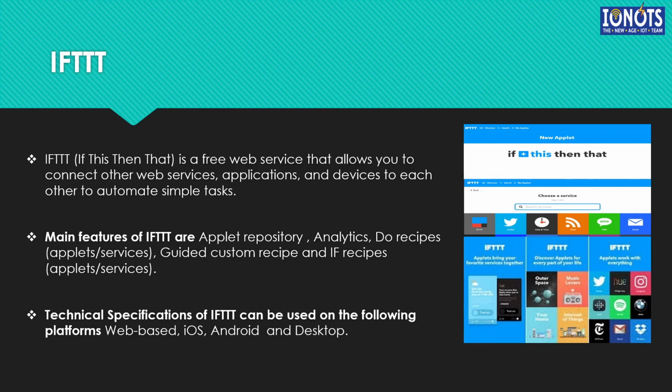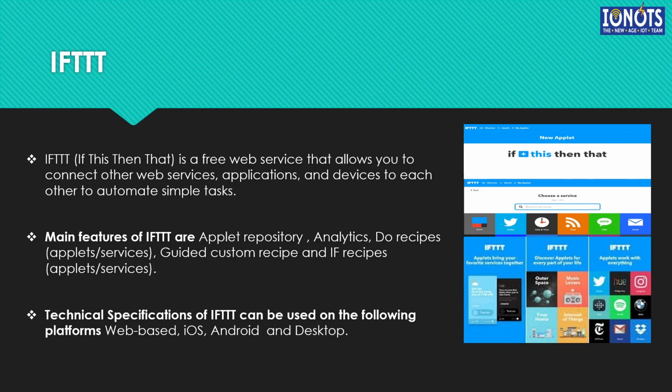Let's say you selected Twitter over there. So on the this side, you have selected date and time. On the that side, you have selected Twitter. So if you set that, let's say, 8 p.m. is your reference time, every day at 8 p.m. you want a tweet to go up on Twitter. Let's say it may be some inspirational quote. What will happen?